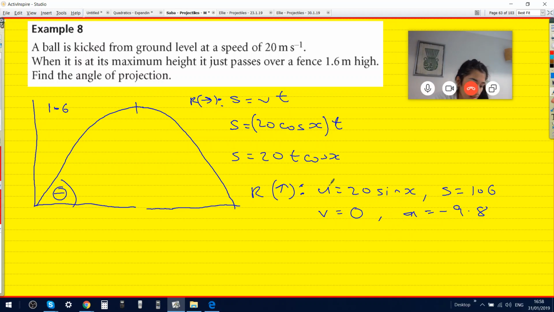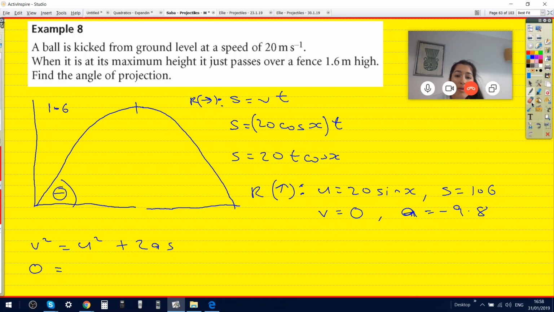Hold the phone. What 4 things... What equation connects those 4? V, A, U, and S. V squared equals U squared plus 2AS. But that's got 20 sine x in it, so how are we going to do that? You want to solve x, don't you? Oh, V is 0.